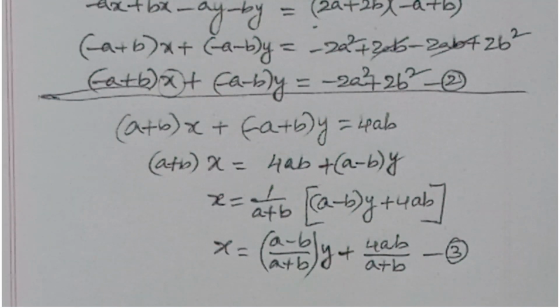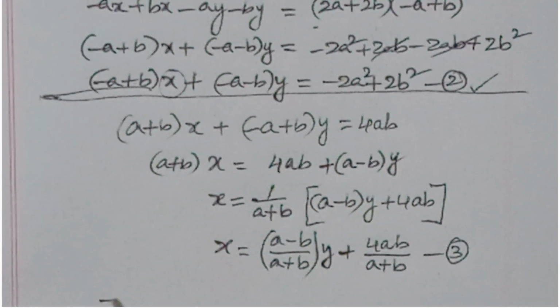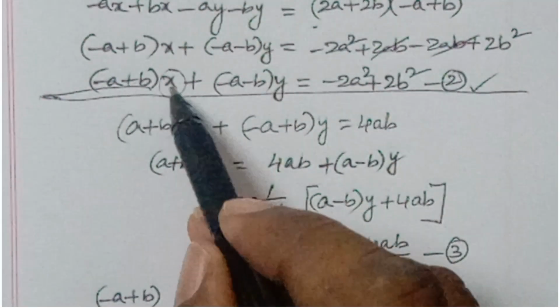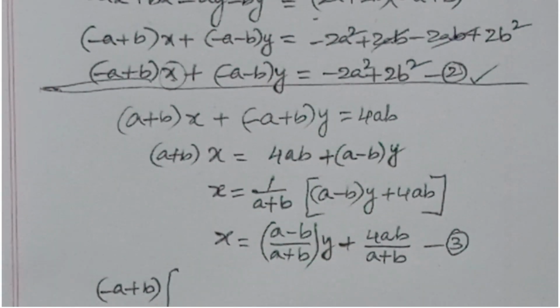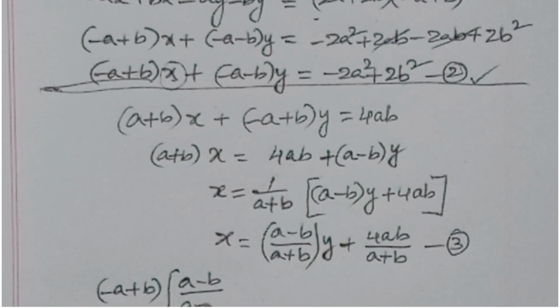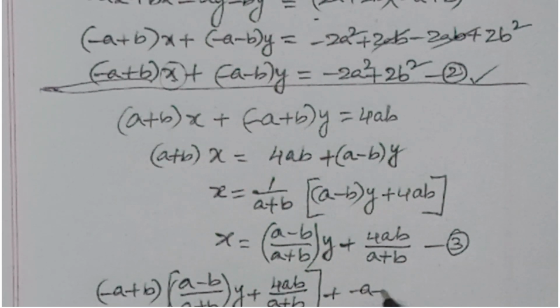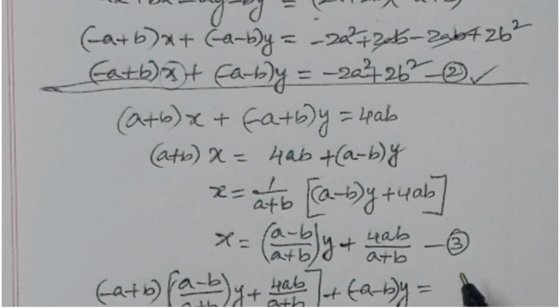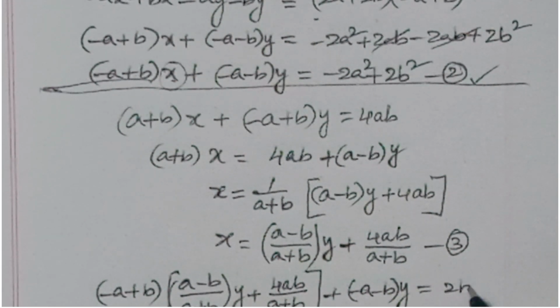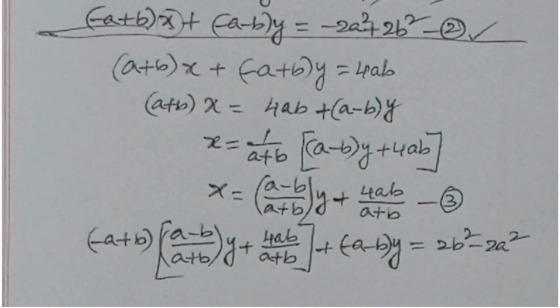If you substitute here in the place of x, what will we get? (-a+b) into ((a-b)/(a+b) y + 4ab/(a+b)) plus (-a-b)y is equal to 2b² - 2a².